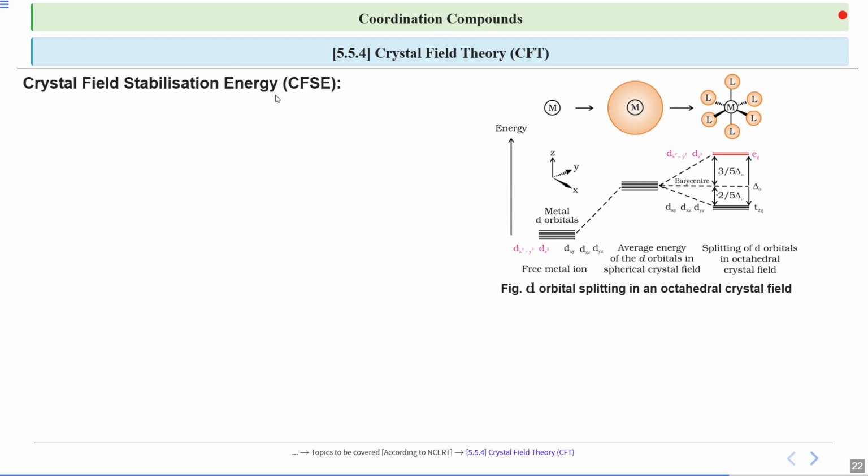Crystal field splitting energy. Now let's explain the CFSE according to this diagram which we have already seen. This is the d orbital splitting happening in an octahedral crystal field.